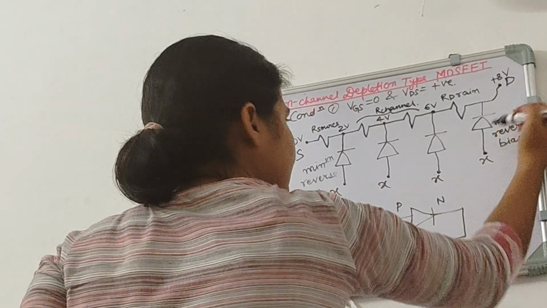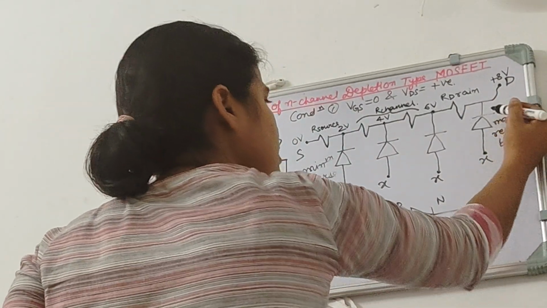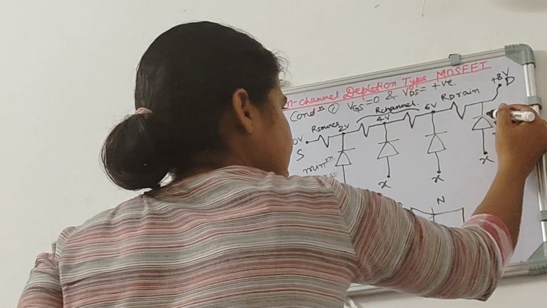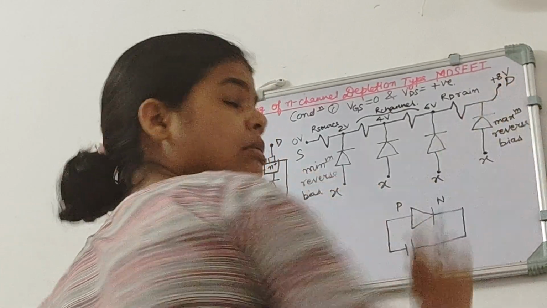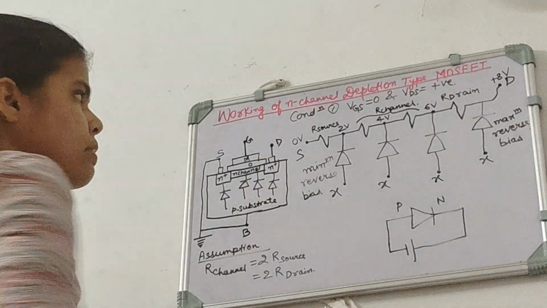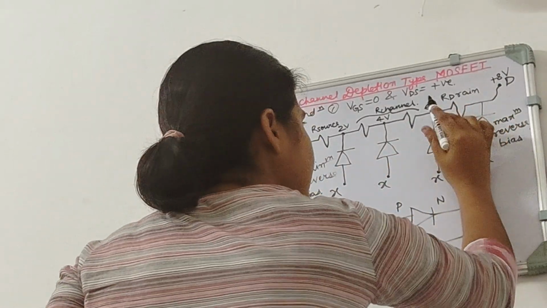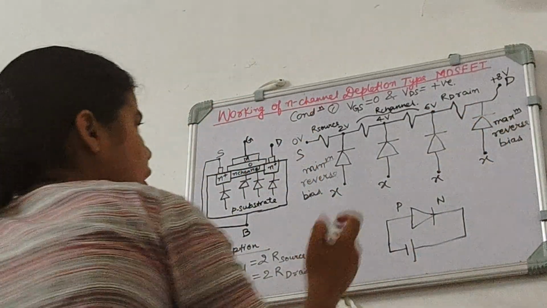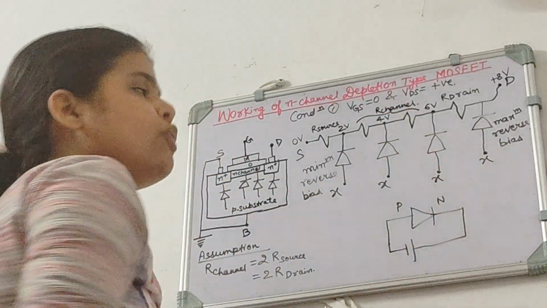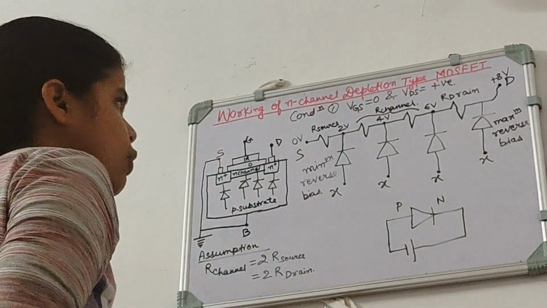So here we can see that the N side is connected to plus 8 volt. Here the N side is connected to plus 6 volt. Here the N side is connected to plus 4 volt, and here the N side is connected to plus 2 volt.